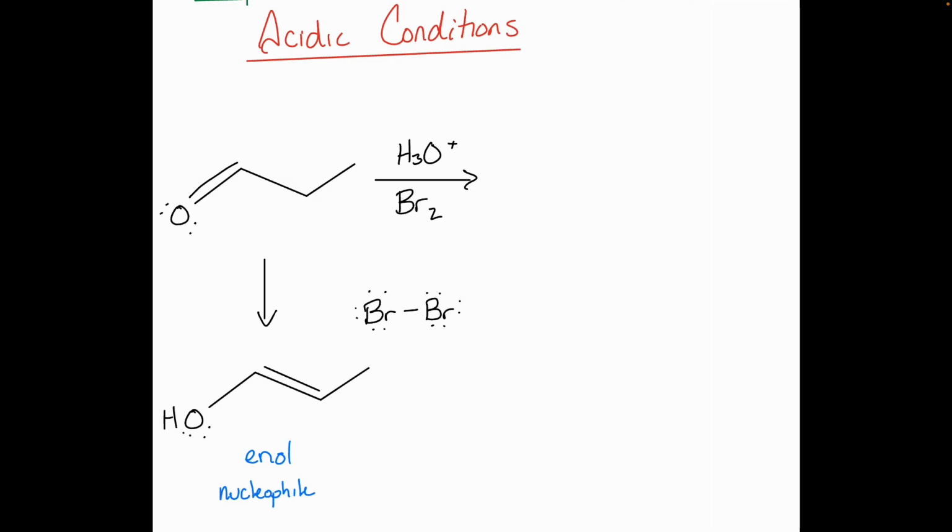And what we're going to see is that pair of electrons in that enol double bond is going to play the role of our nucleophile. And when that happens, that pair of electrons gets taken away from that carbon. So our pair of electrons on our oxygen atom are going to come back down. All right, so we've reformed that carbon-oxygen double bond.